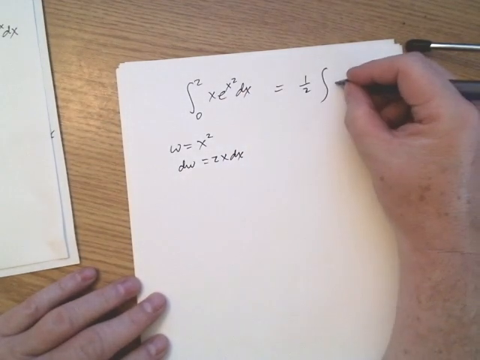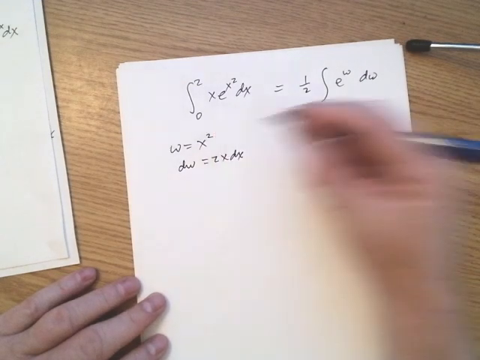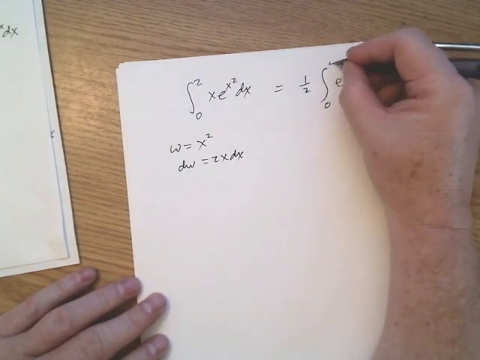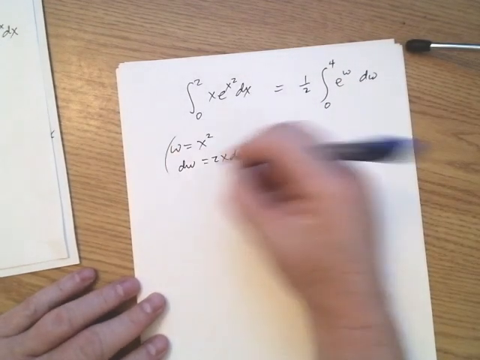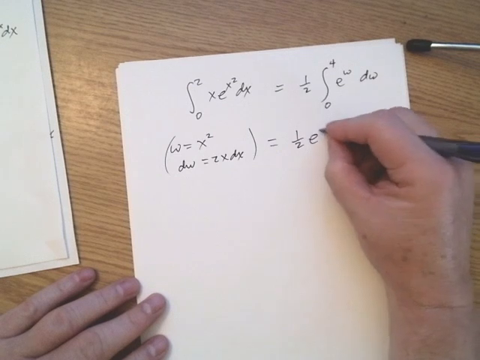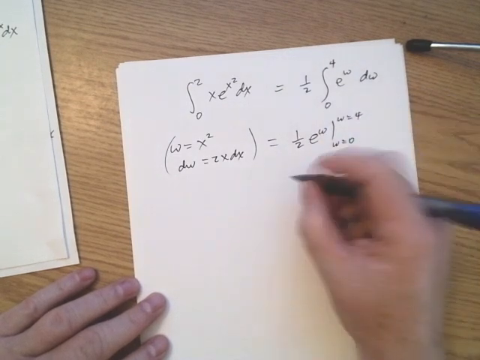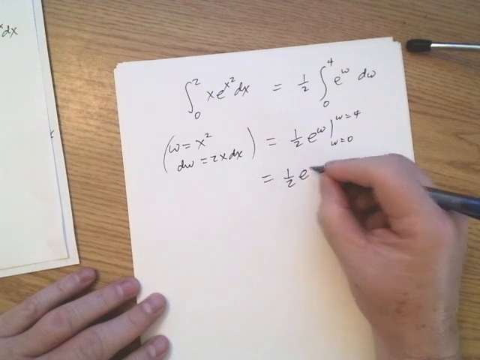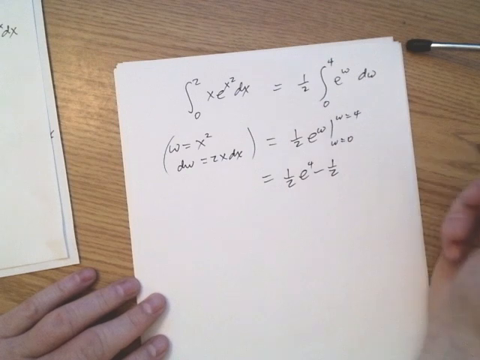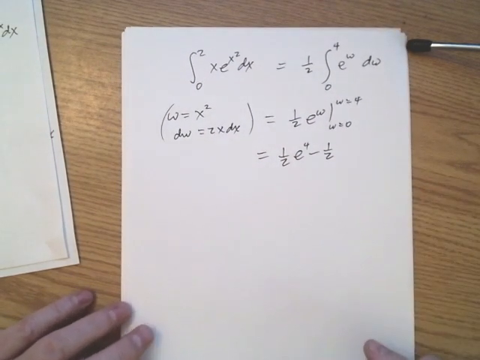And then I've got what? e to the w. W is the square of x. X is going from 0 to 2, so that means w is going from 0 to 4. Okay. So that's 1/2 e to the w as w goes from 0 to 4, which equals 1/2 e to the 4th minus a half e to the 0, being 1.